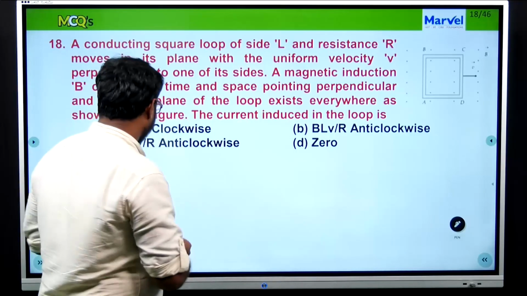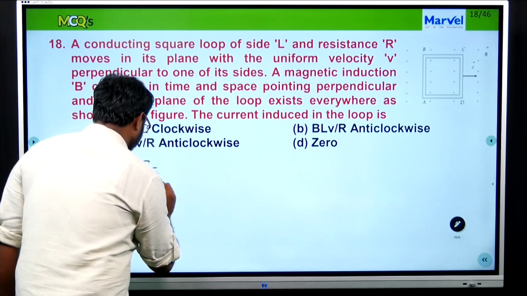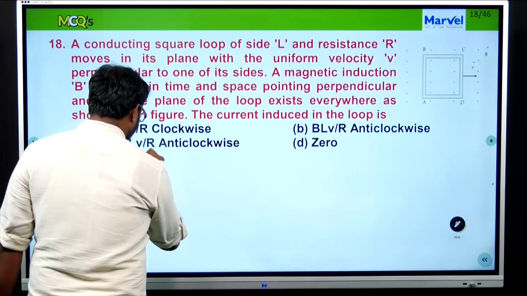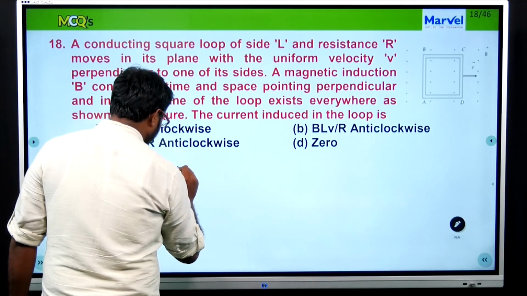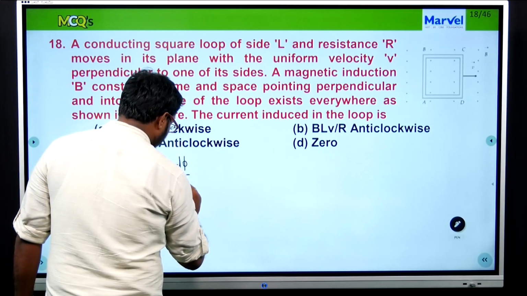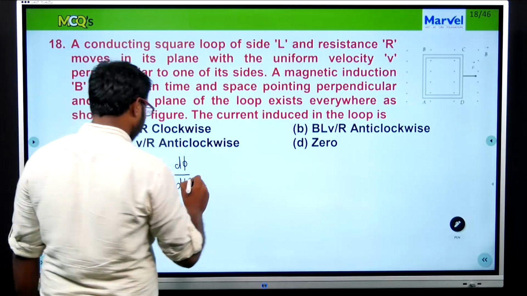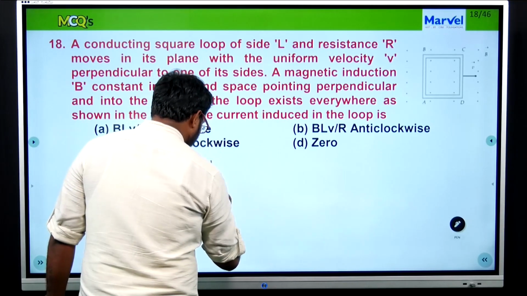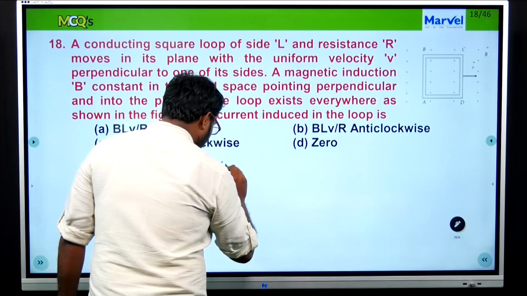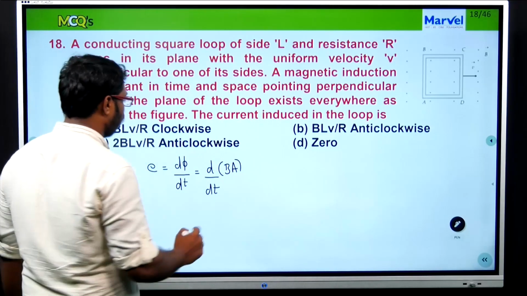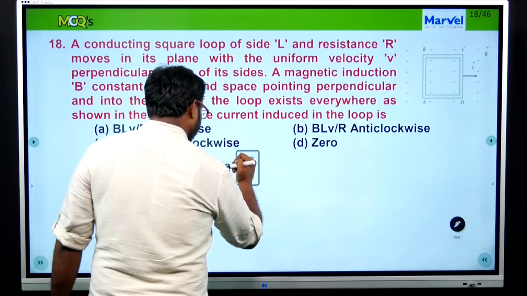For example, current I is equal to E by R, and E is equal to d phi by dt, which is equal to d by dt of B A cos theta.